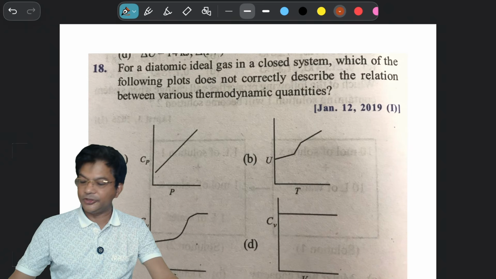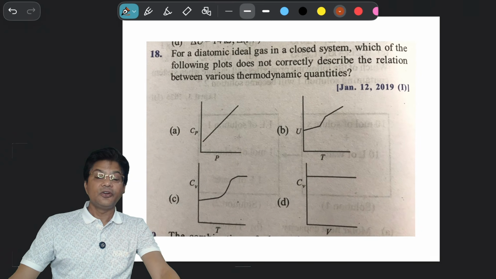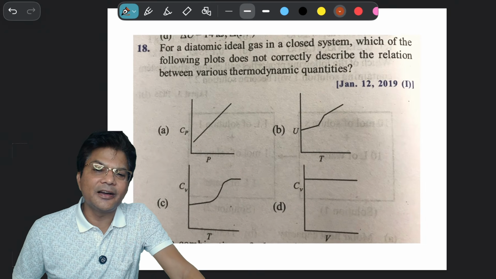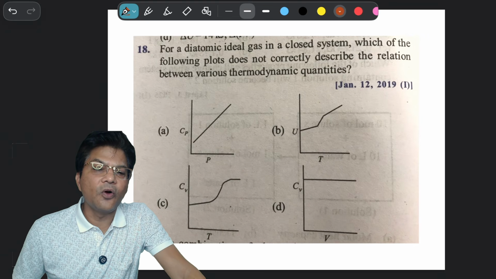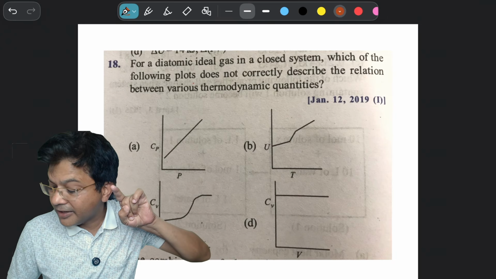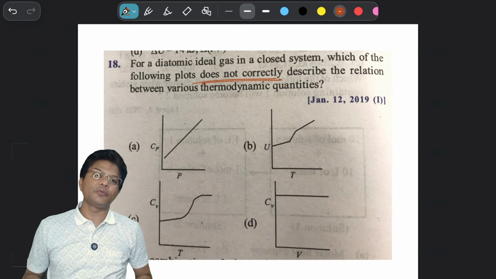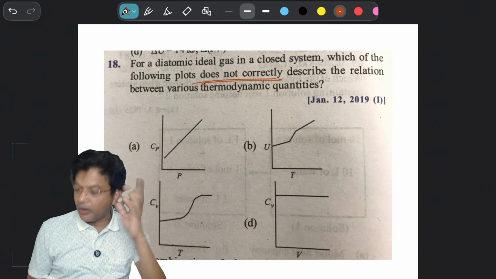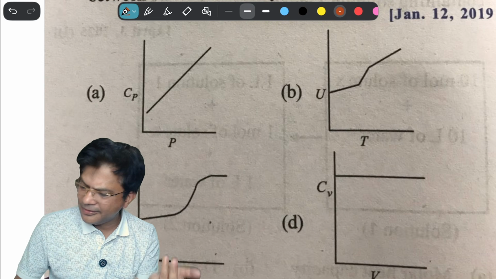Oh, great question. Once again, your theory must be very, very strong to solve this question. For a diatomic ideal gas in a closed system, which of the following plots does not correctly describe? Remember, they are writing does not. They are not writing will correctly explain. They are writing will not, means does not, means which one is wrong. So CP, heat capacity at constant pressure, how will it change?